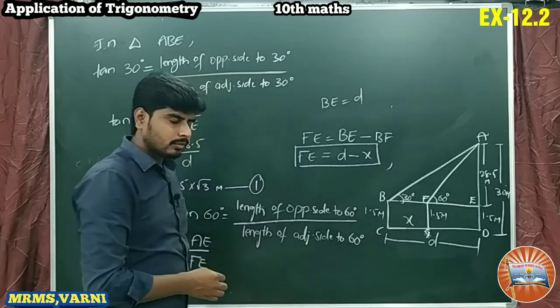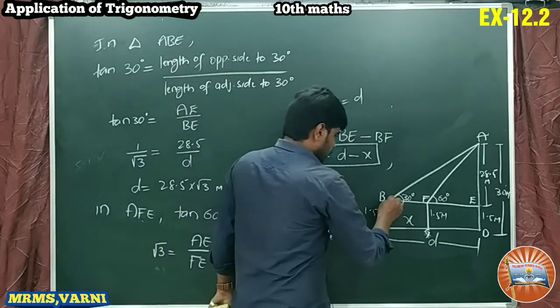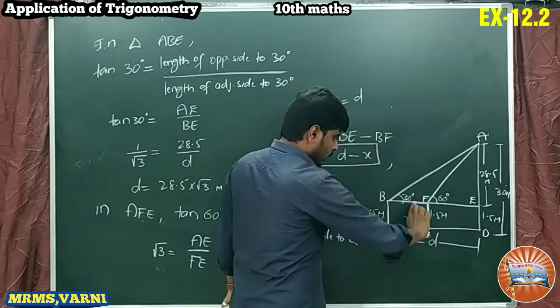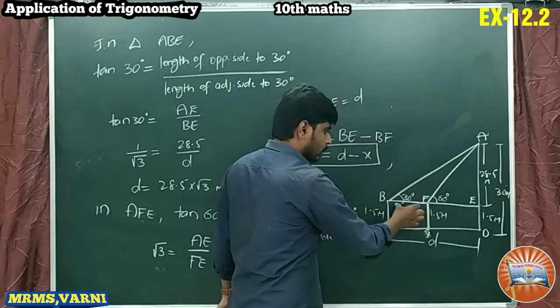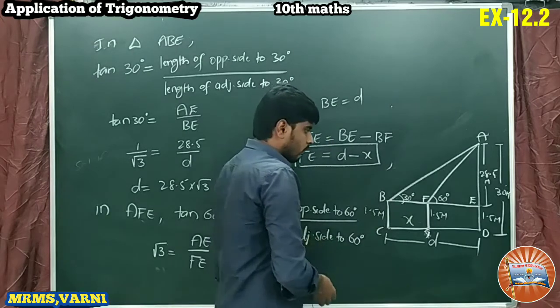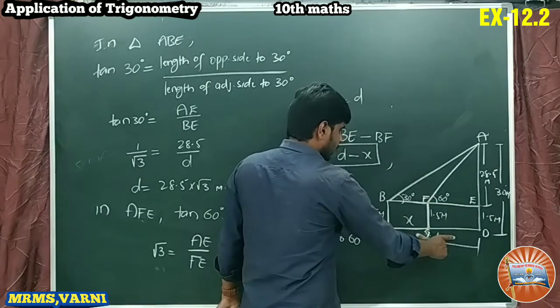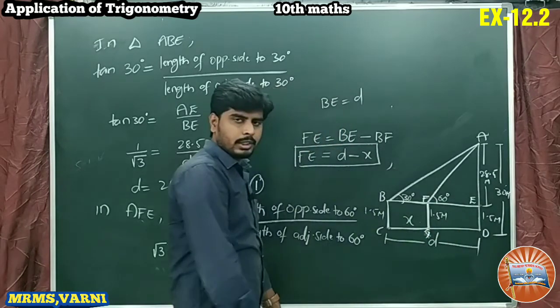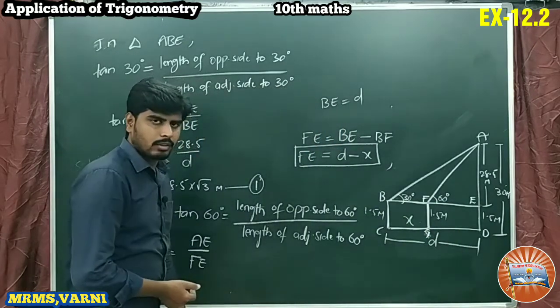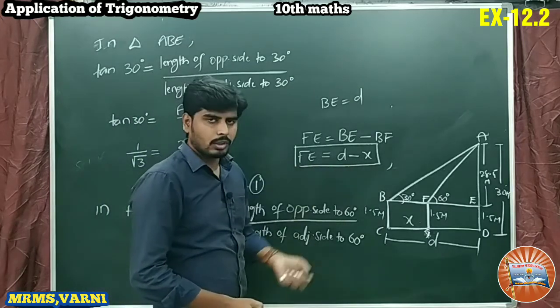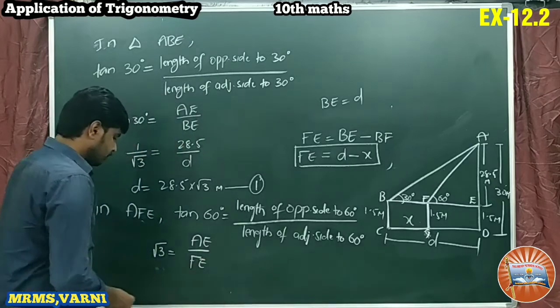Is it clear? This is a rectangle. In this rectangle, these two are opposite sides. This is X and this is also X. If this is a rectangle, BE is equal to CD, because opposite sides are equal. From that concept, FE is equal to D minus X. So replace the value here.